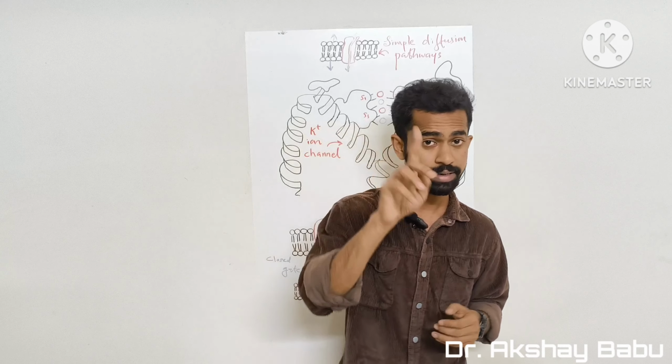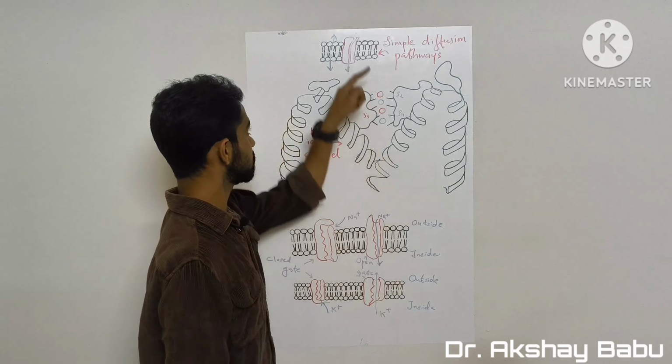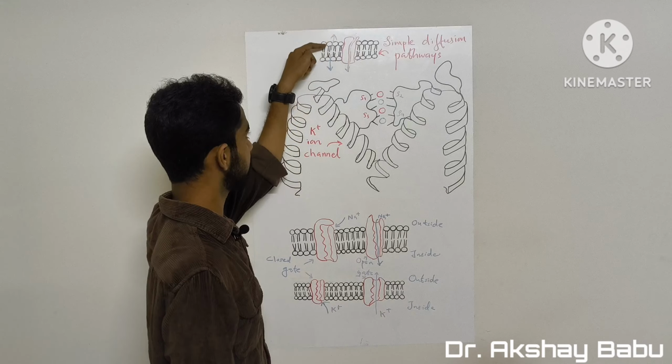The first one is through the interstices of the lipid bilayer. This happens only if the substance is lipid soluble. And the second one is through the watery channels that penetrate all the way through the lipid bilayer membrane.